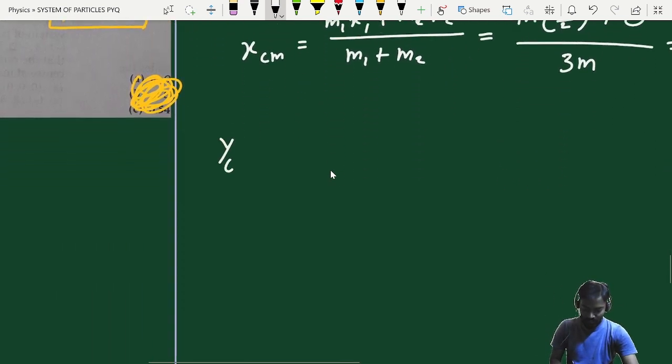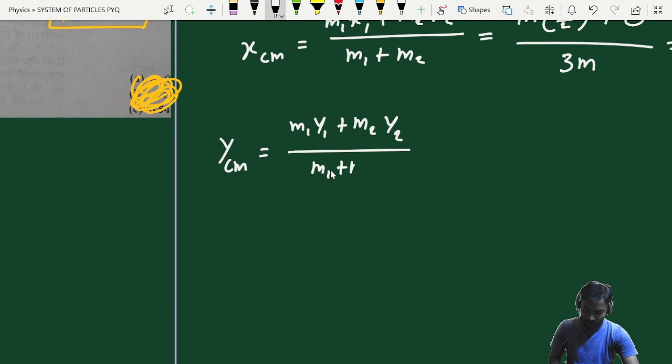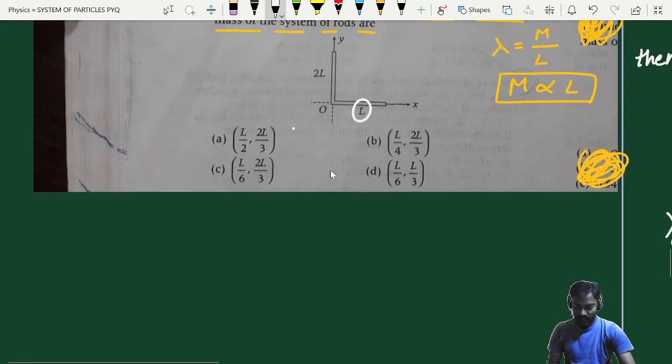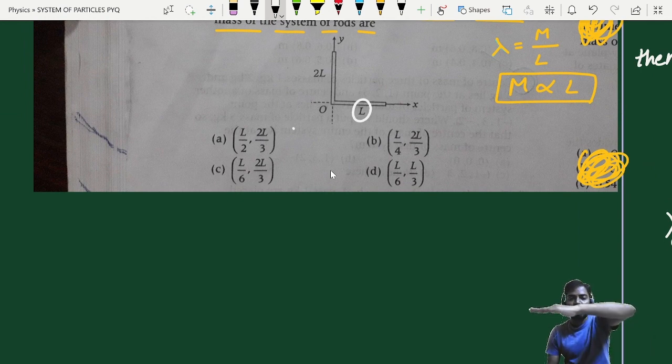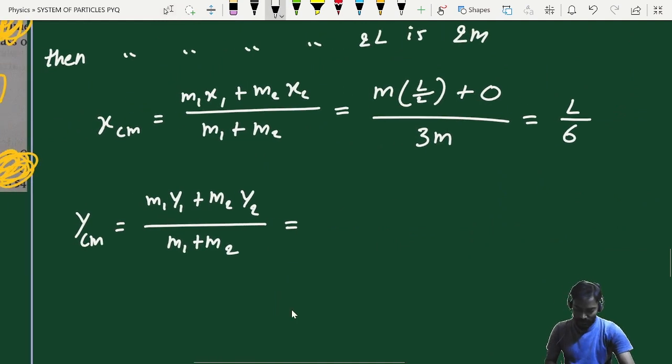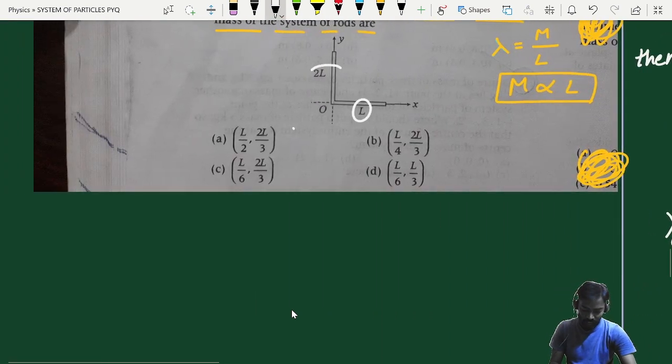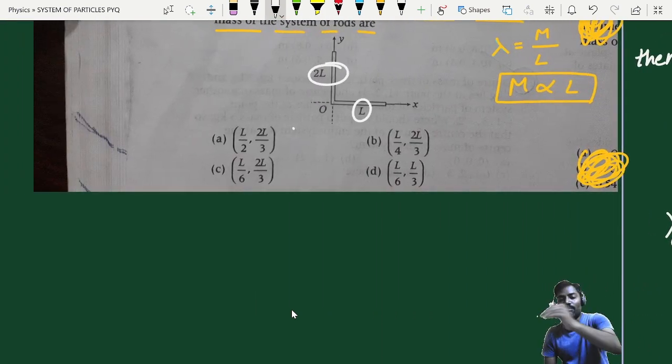Similar way you can find the y coordinate of center of mass: m1y1 plus m2y2 by m1 plus m2. What is the y coordinate of the first rod which is placed horizontally? It is placed along the horizontal direction, so its y coordinate of center of mass is 0. So that is equal to 0 plus m2, which is 2m, into the y coordinate of center of mass of the rod of length 2L at midpoint, no?